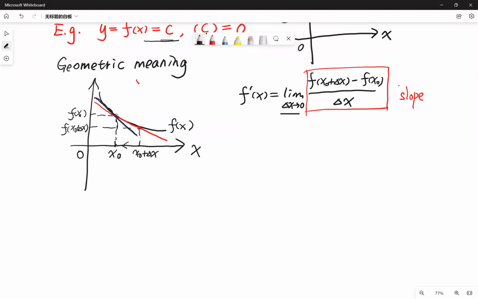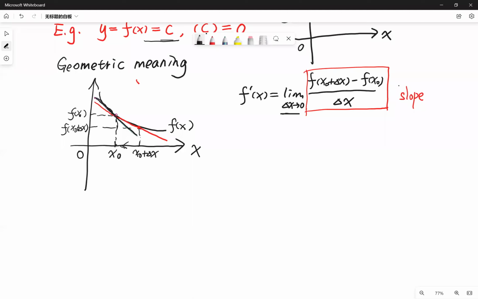And if we take this limit as delta x approaches 0, that means this point x0 plus delta x approaches x0.